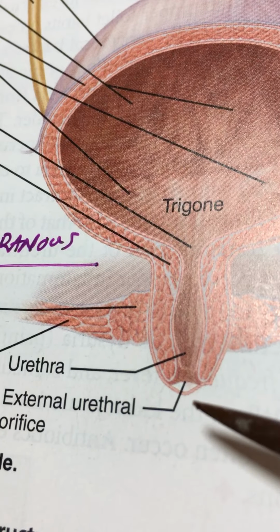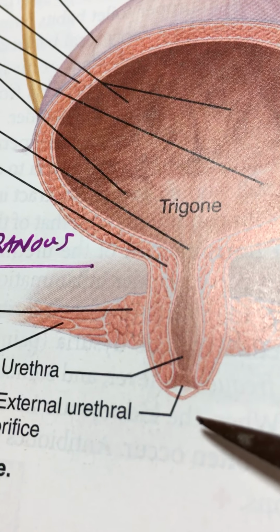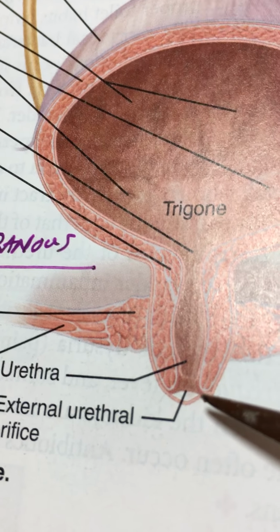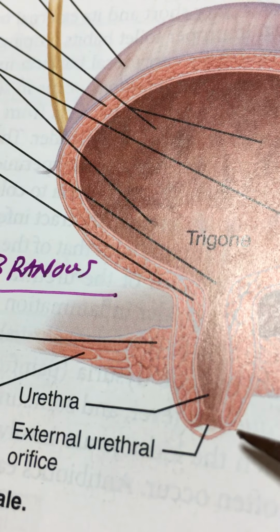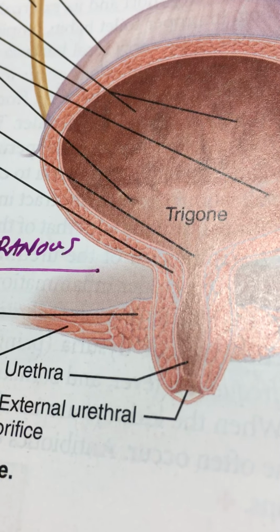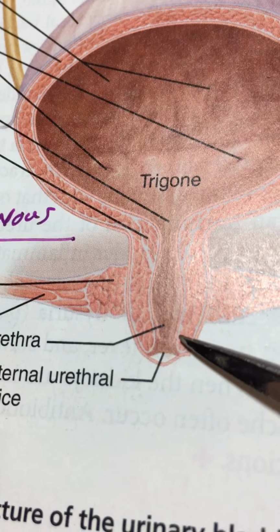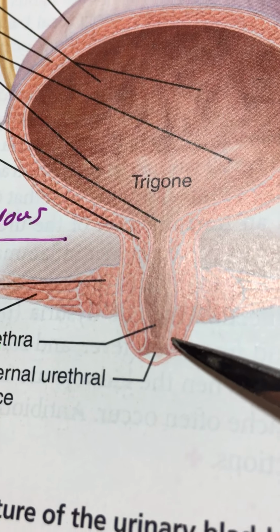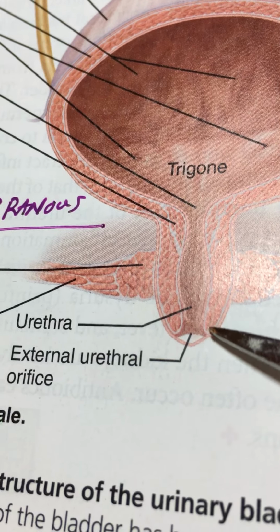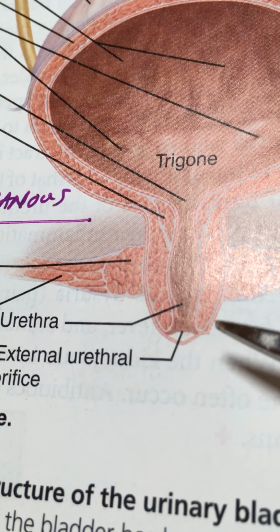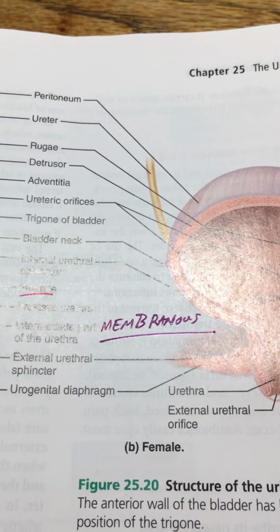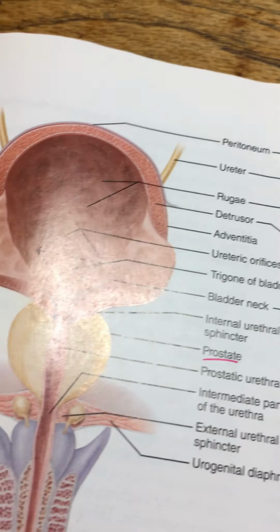And the situation here is that this opening ends up in the vaginal vestibule, so it's sometimes difficult to get what's called a clean catch. So one has to be careful of having a direct flow into the vessel that you're going to be collecting urine in, if you're going to be collecting it. Okay, so that completes that project right there.